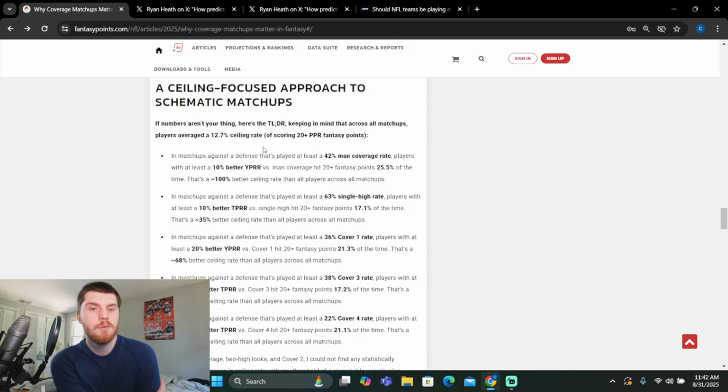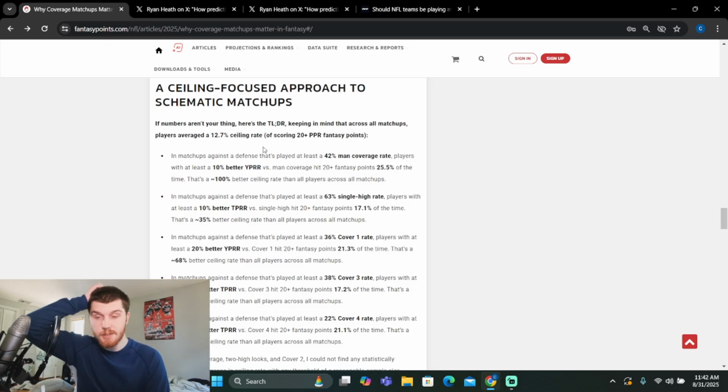Essentially what I get the sense is happening here is that certain coverage types with certain players are going to yield better ceiling outcomes more often. And so you could effectively make a model where you're trying to predict what the coverage rates are on a week to week basis for a team, and then look at which receivers facing this defense this week actually do have a higher ceiling.